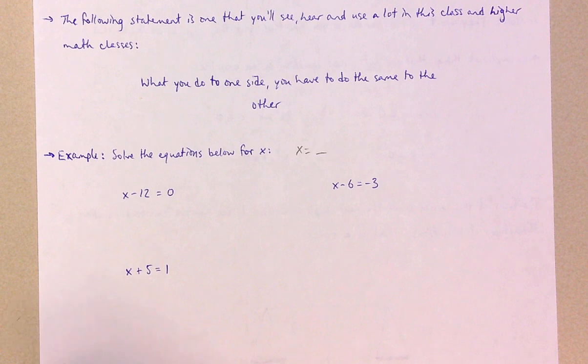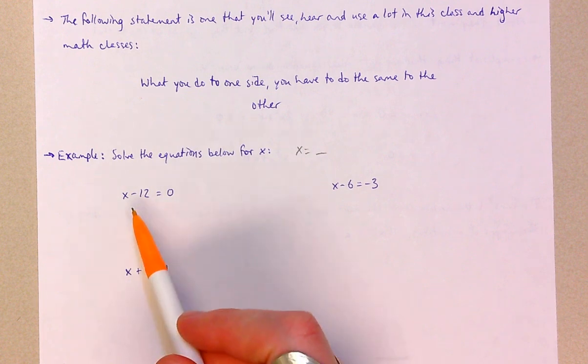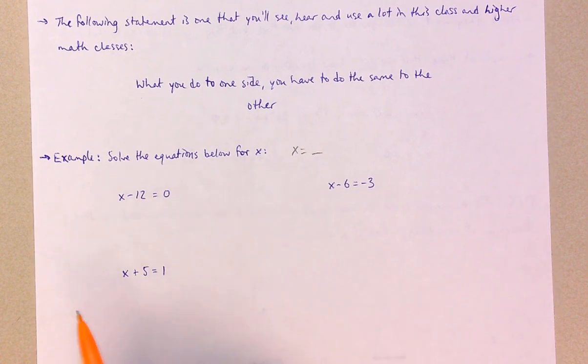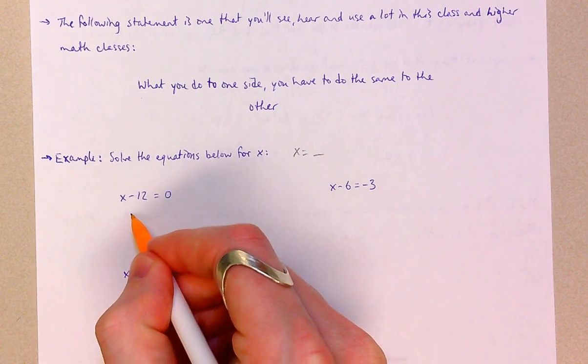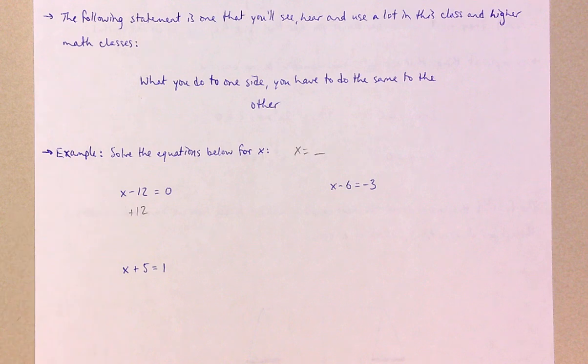So what do I have to do to a negative 12 or a minus 12 so that I can get that to be gone and just have x all by itself on the left-hand side? Well, if I add 12, then I'm going to have negative 12 plus 12. That's 0. That gets rid of it.